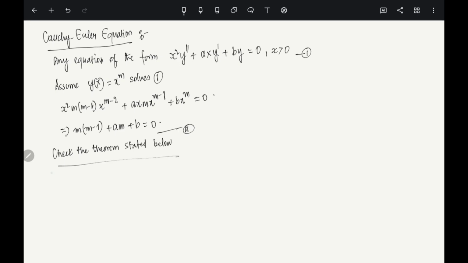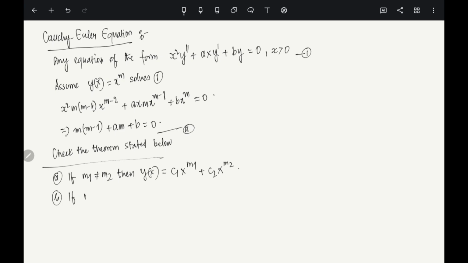If there are 2 roots m1 and m2 such that m1 is not equal to m2, then the general solution y of x looks like c1 times x power m1 plus c2 times x power m2. Clear? So you have to do this part.